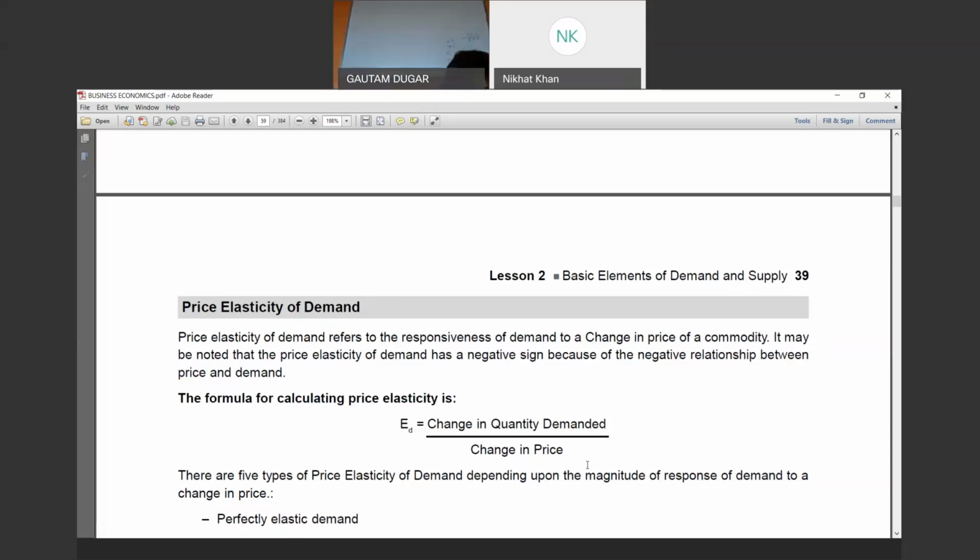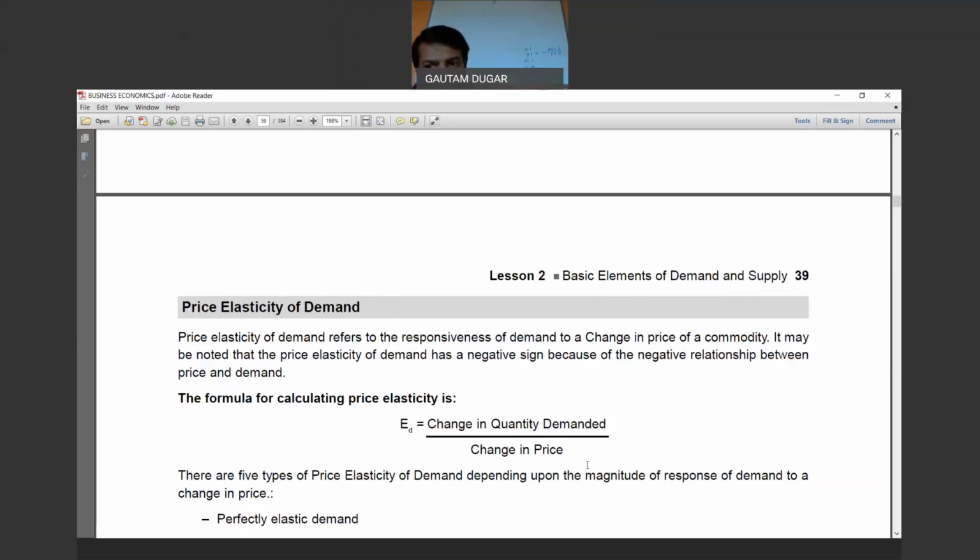How do we get elasticity greater than 1? When does it happen? Suppose prices changed by 5% and as a result demand has changed by 20%.